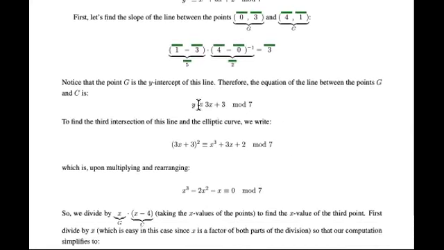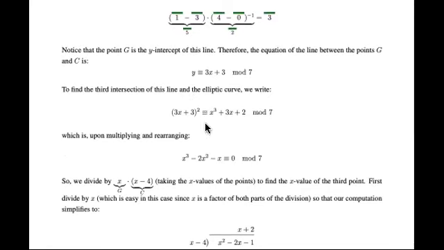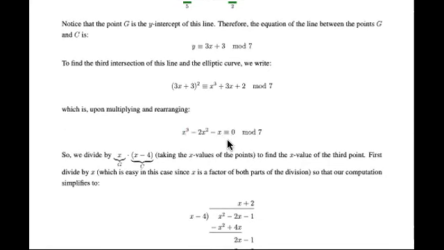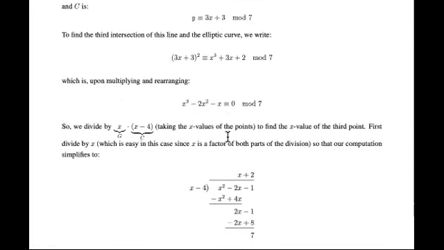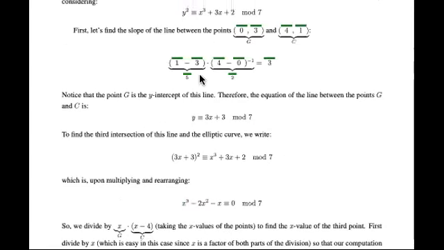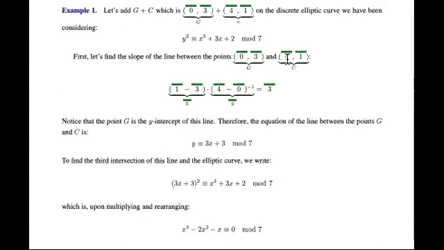So we can plug that in here for y, multiply it out, rearrange it, and solve for x to find our third intersection point. We need to divide by this, because this is x minus 0 times x minus 4, since we have an x value of 0 and an x value of 4.